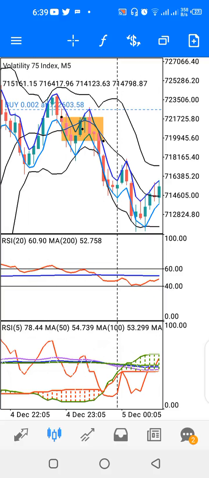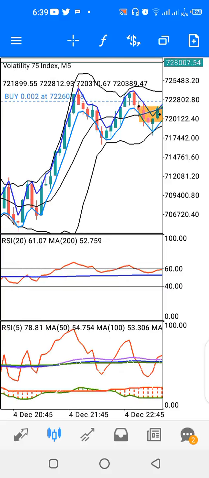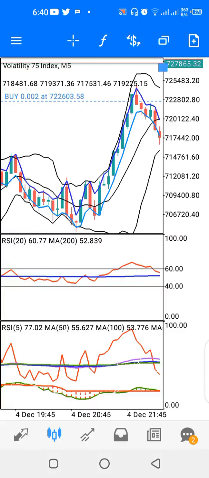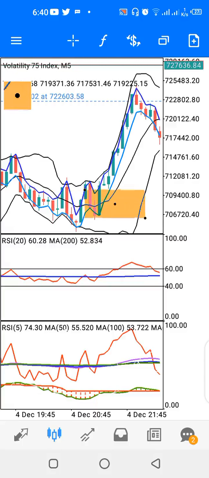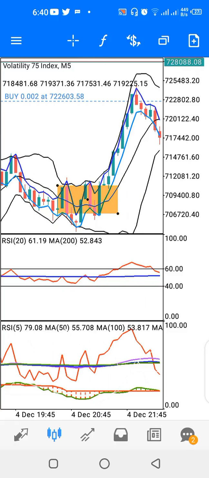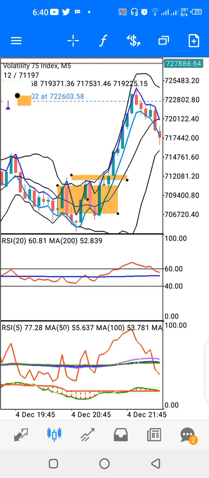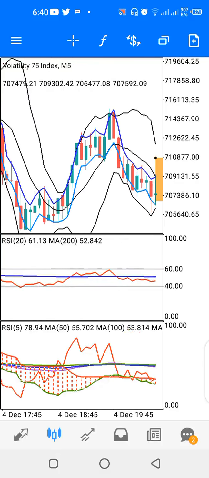That's for the main window. Do not forget, when you have price and the two moving averages crossing above the mid band, just like what you have around here, you can place your buy trade. If you have a total crossing around here, then you can look for how to place your buy trade somewhere around here. Somewhere around here will be appropriate for you to place your buy trade.